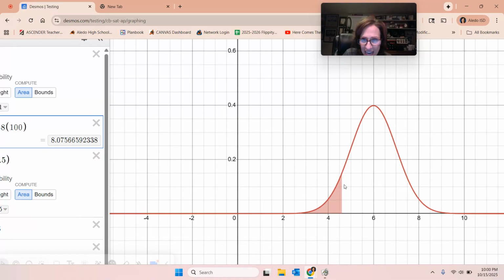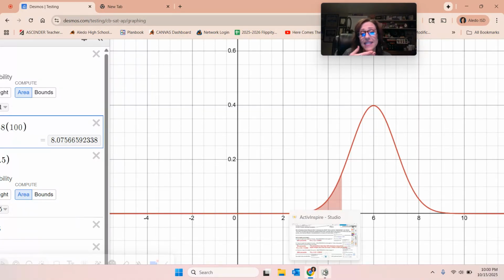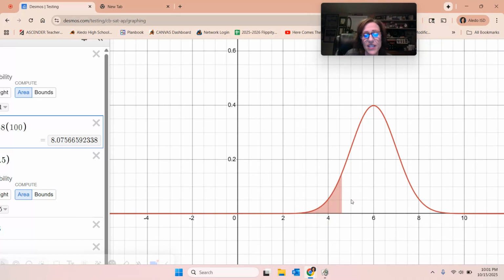That's why this area is less than 50%, because it is well below the mean. All right, and in fact, according to the lesson that we learned in the last video, we could do our little z-score formula and go x minus the mean over the standard deviation to see exactly how many standard deviations it is below the mean.